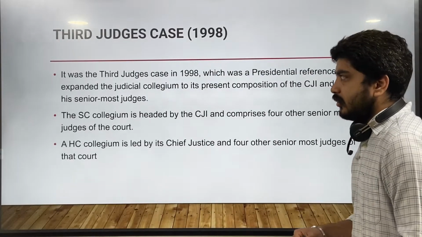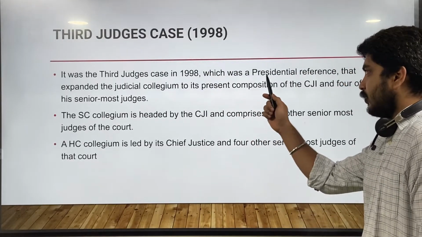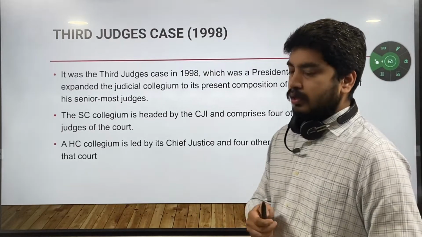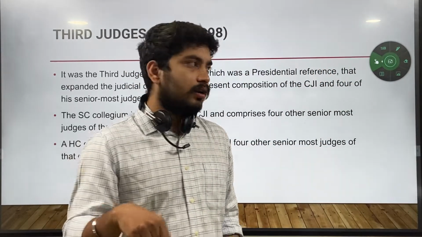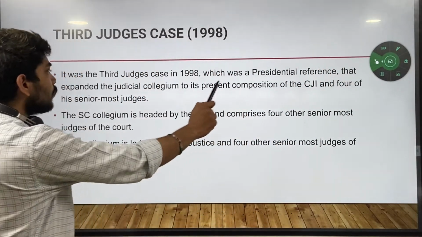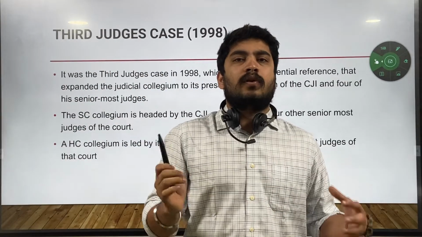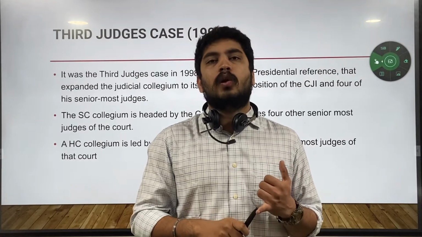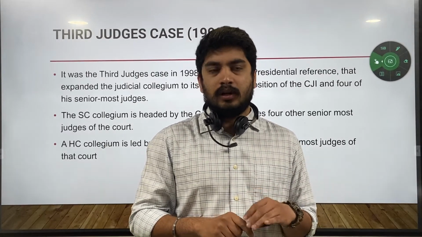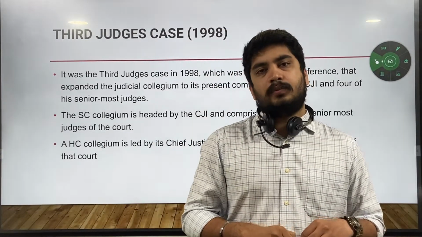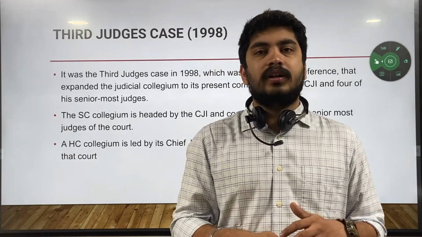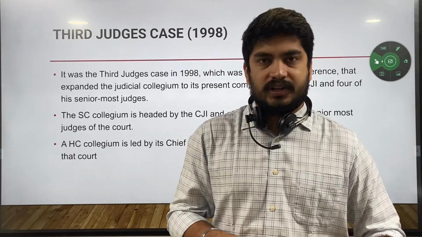So in the third judges case, which was with a presidential reference, the current framework was framed. The collegium would be formed with a Chief Justice along with the four senior most judges. So the current collegium has the Chief Justice of India along with the four senior most judges.